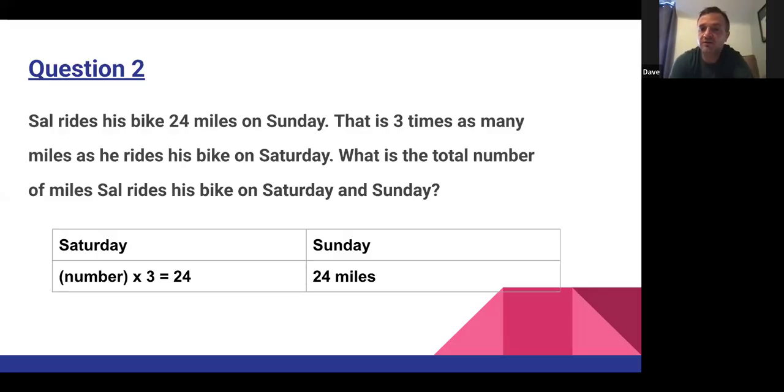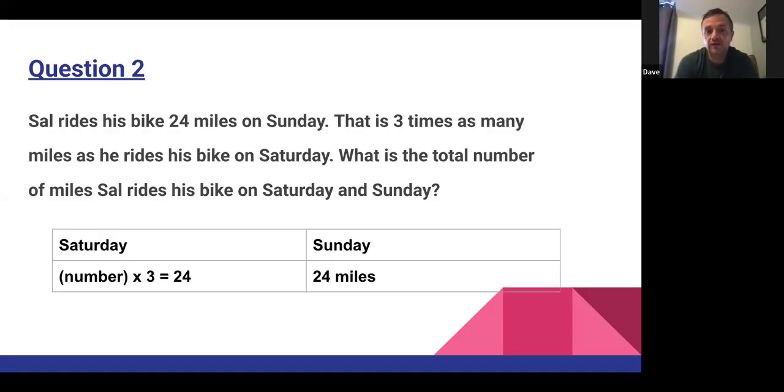And our question isn't saying 3 times 24, it's saying that is 3 times as many. So it's whatever number times 3 equals 24. Okay? So I have to think to myself, what is blank times 3 equals 24? Right? So I go through them and it's 8. 8 times 3 is 24.